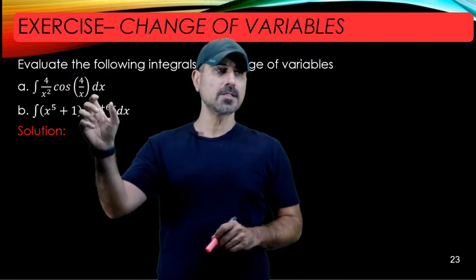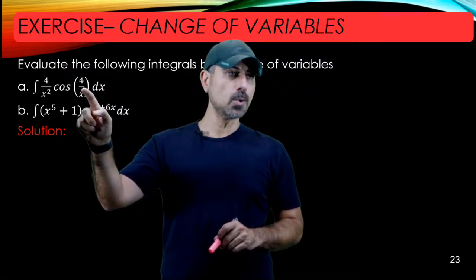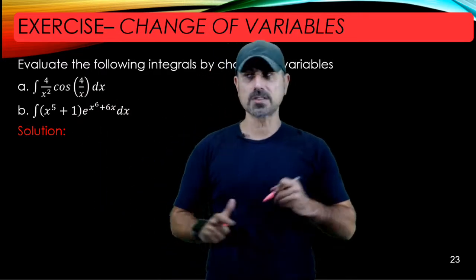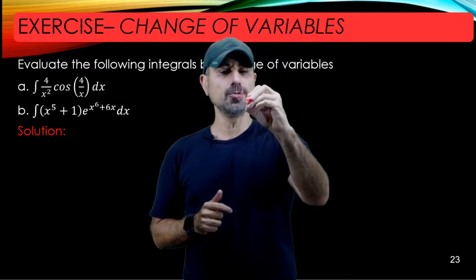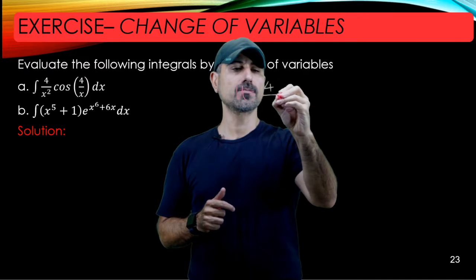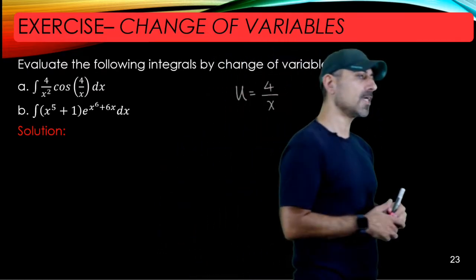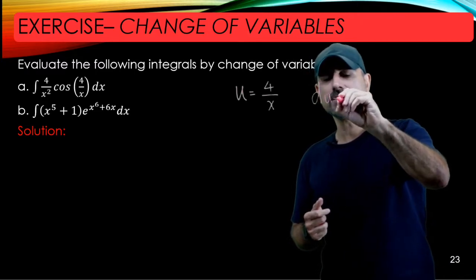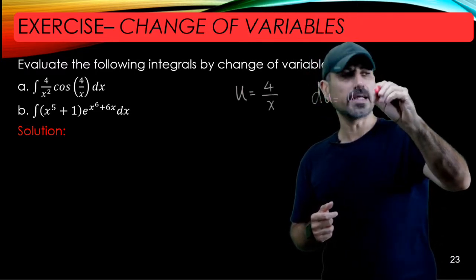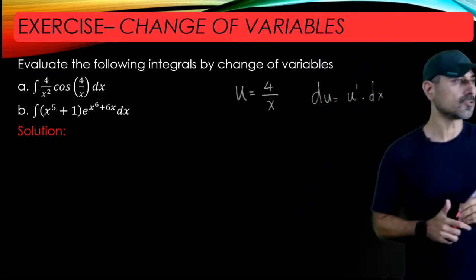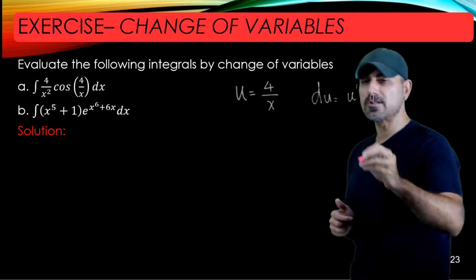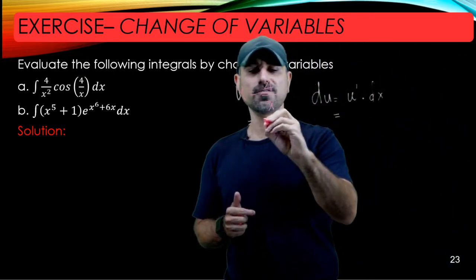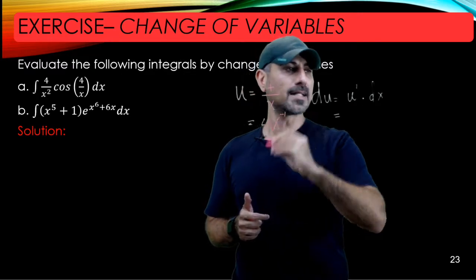So I think it's a good start that I call the inner part of cosine u, a new variable. And then what we're going to check now is du, and du is, in fact, u prime times dx. So I'll take the derivative of this function here, which is 4 times x to the power of minus 1.